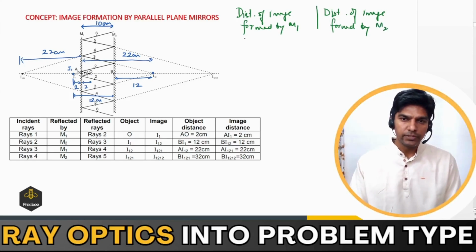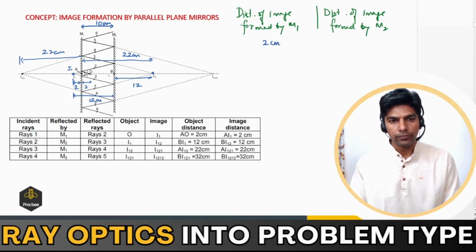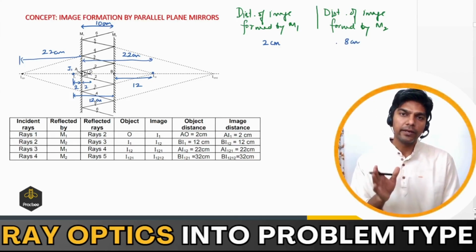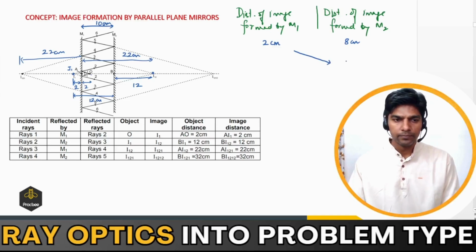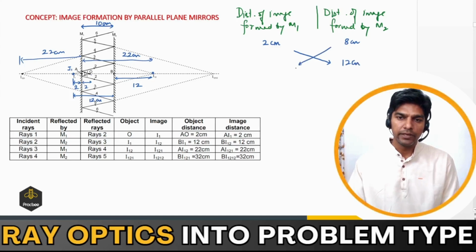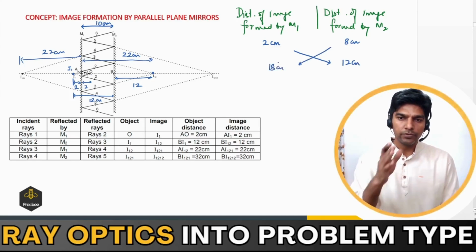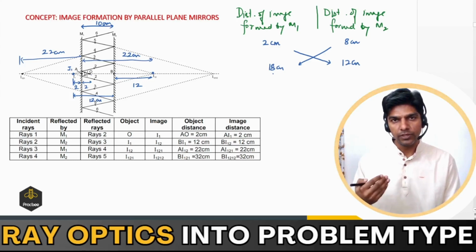So the first image formed by mirror 1 is at 2 centimeter from the mirror, and the first image formed by mirror 2, if I consider first reflection with mirror 2, will be 8 centimeter. Now what you have to do, you have to add 10 to 2. So if I add 10 to 2, I will get 12, right? And if I add 10 to 8, I will get 18. So you have to keep on doing this, right? And you will get the different positions of the images.